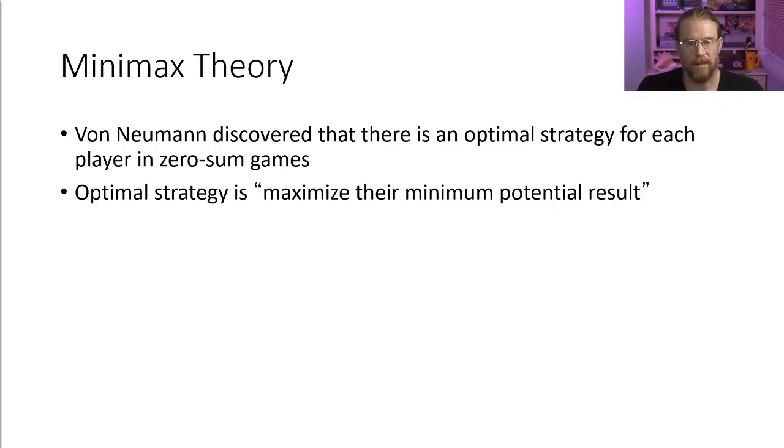Basically, what's the worst possible outcome that could arise from the various possibilities? Then through selection of moves in the game, if you can maximize what the worst possible outcome could be, that's the basic strategy.